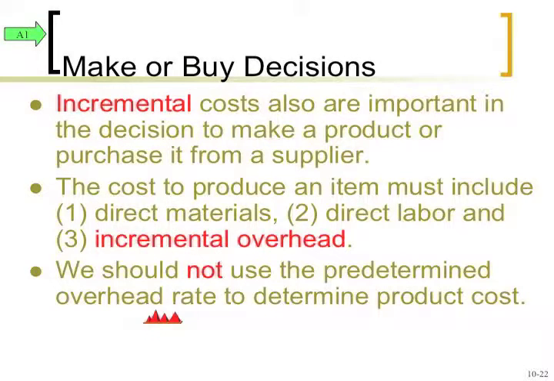And again, our decision quantitatively is analyzed on the basis of our incremental costs of buying it on the outside, of outsourcing it, compared to our costs on the inside.